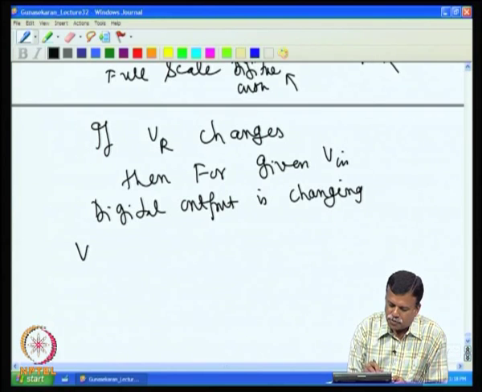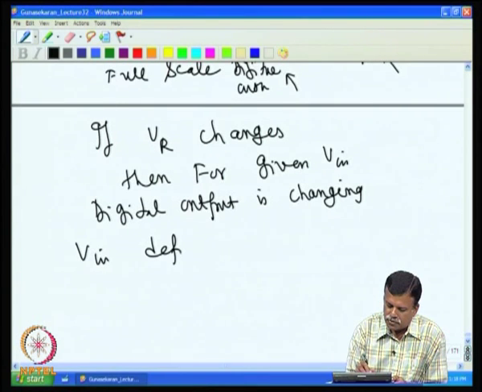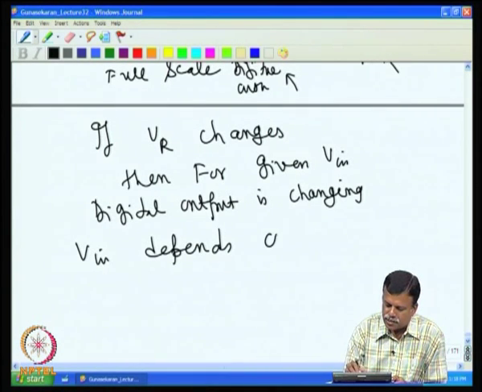Now V in depends on the excitation voltage.